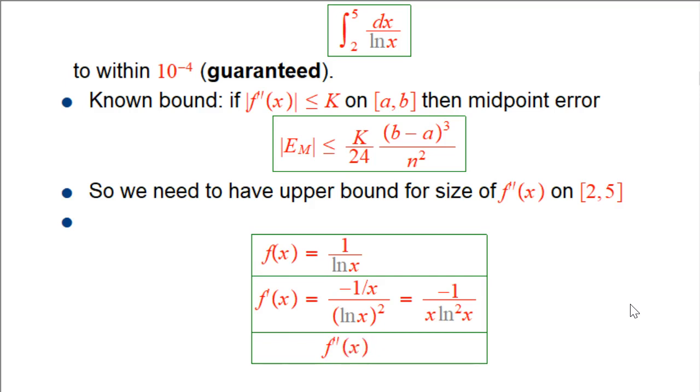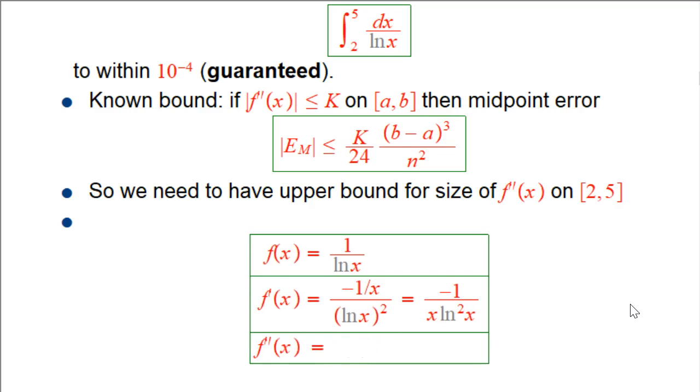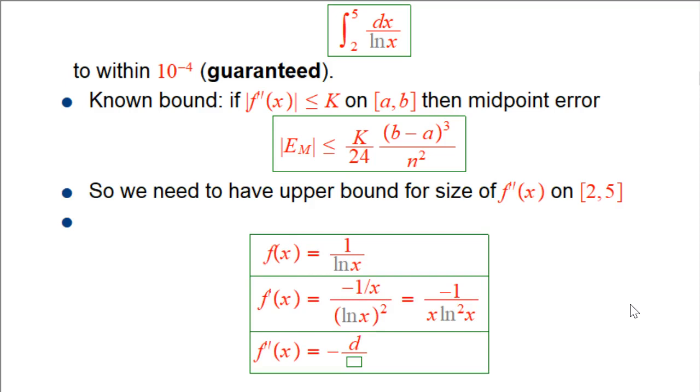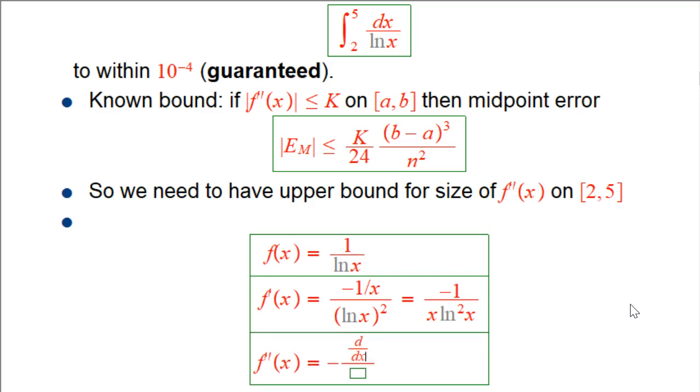Second derivative, we've got to use the reciprocal rule again, but then there's a product of things on the bottom. So let me just write out the reciprocal rule. It's minus the derivative of the bottom over the bottom squared. Oh, and there was already a minus in front, so the minus is actually going to cancel.